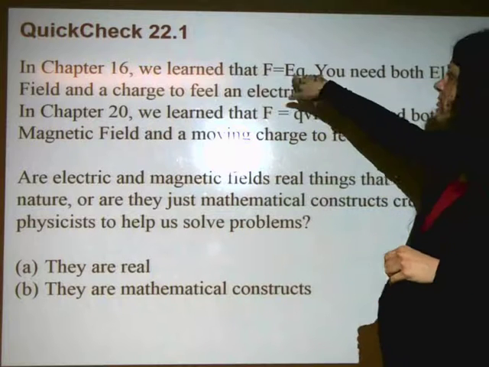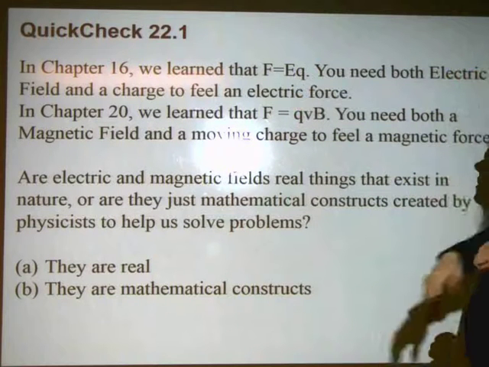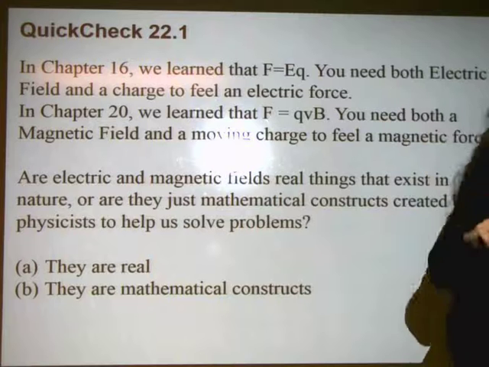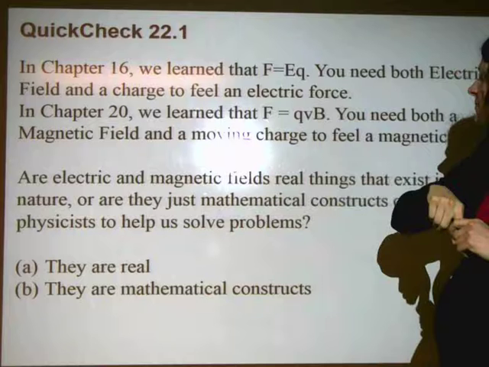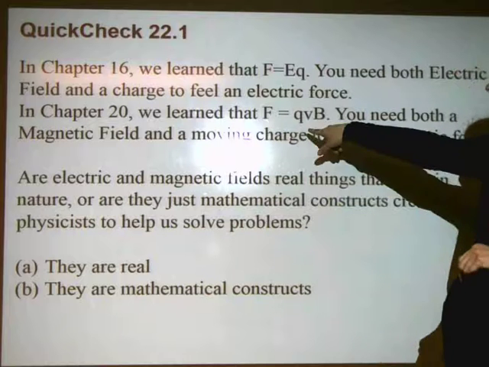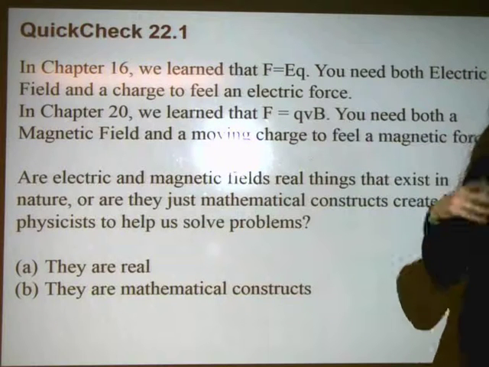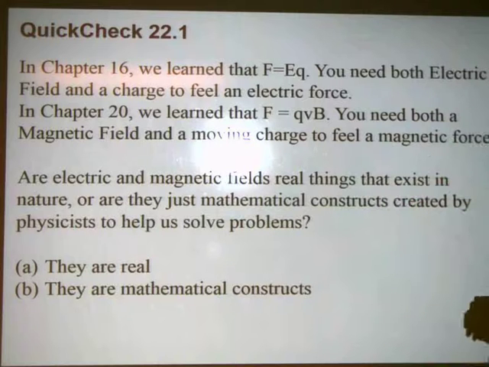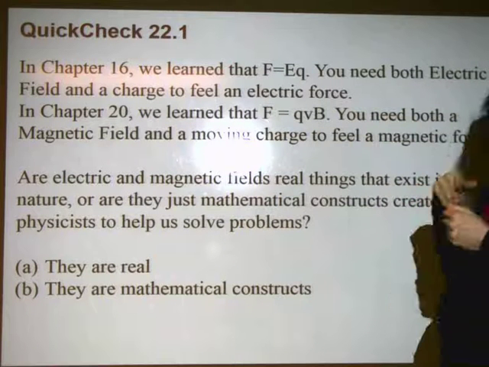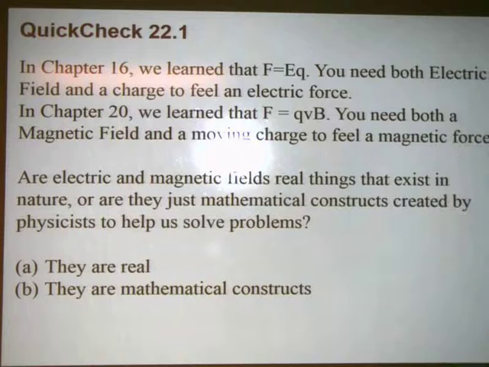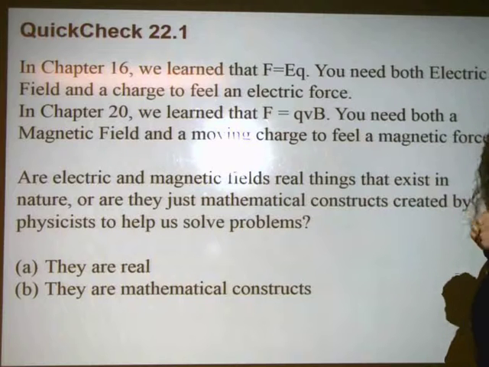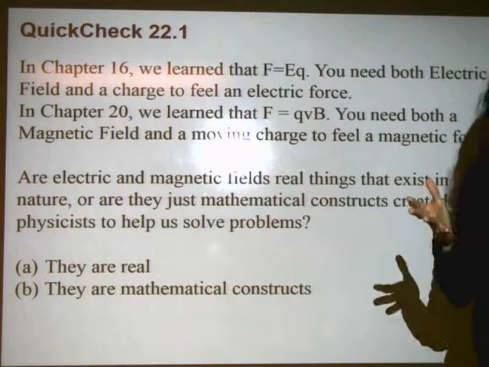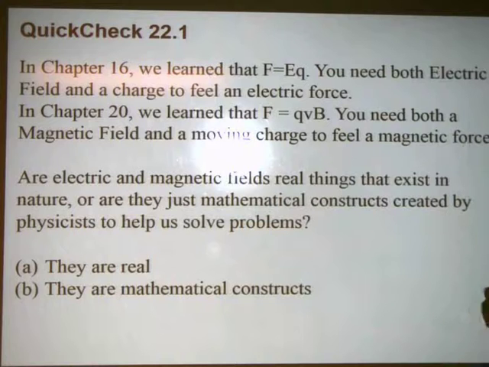In chapter 16, we learned that force is electric field times charge. You need the electric field and a charge to feel a force. In chapter 20, we learned, this is the motional EMF equation, that the magnetic force is a charge times its speed times the strength of the magnetic field. So you need both a magnetic field and a moving charge to feel a magnetic force. So, are these fields real things, or are they just things we've made up to help us visualize stuff?